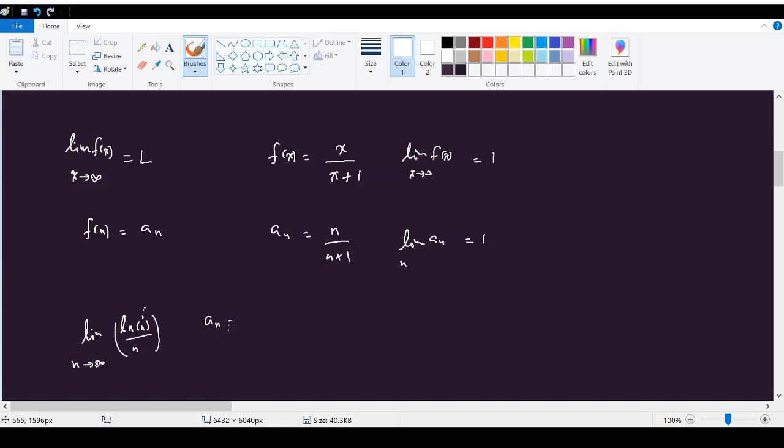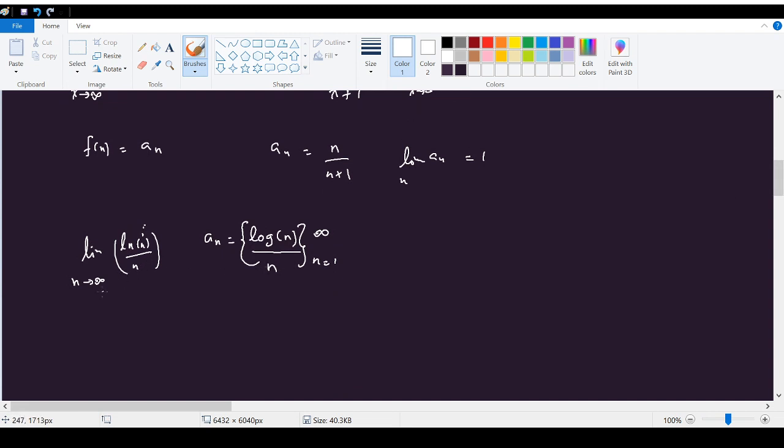In other words, here we are considering this sequence. ln, that is logarithm, so I will write it like this, then it will be more clear. Here we have the sequence starting from 1 and going up to infinity, and we are supposed to find whether this sequence converges or not.